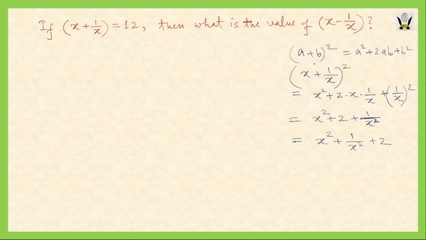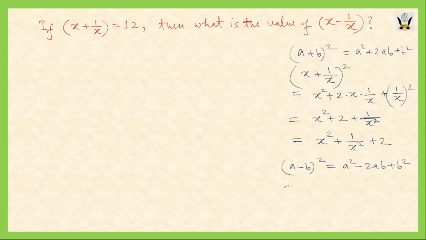Now suppose instead of taking a plus b whole square, we had performed a minus b whole square. Then we know this identity is a square minus 2ab plus b square. Again we will be using the same variables, the second being the reciprocal of the first.